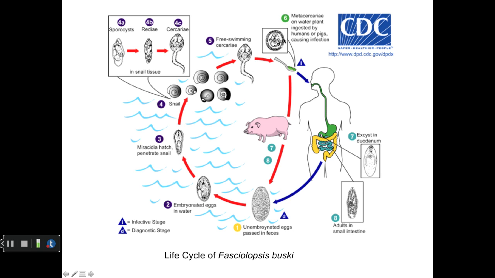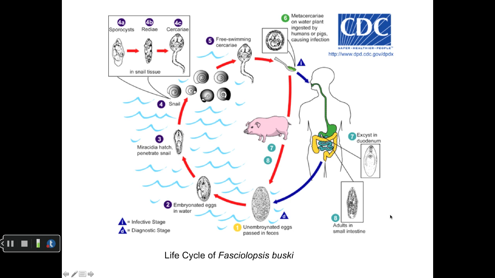Now, this parasite occurs, as we said, in Asia and India, and some of the forms of vascular plants that it affects are plants like water chestnuts and water bamboo, and some of the more common aquatic plants that are used in Asian dishes.